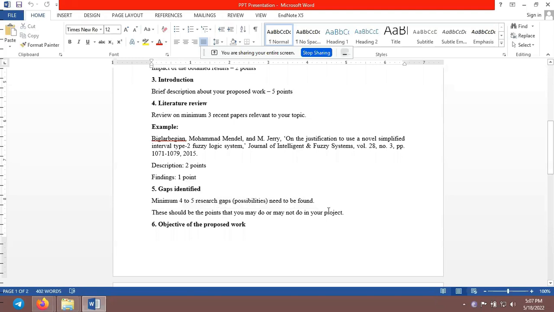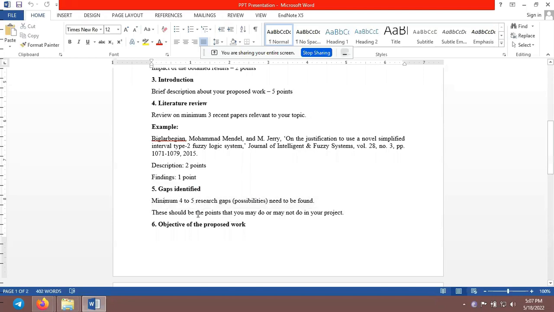Most importantly, these should be the points that you may or may not do in your project work. So you can give 4 to 5 points here. No need to attempt all 5 points in your proposed project.